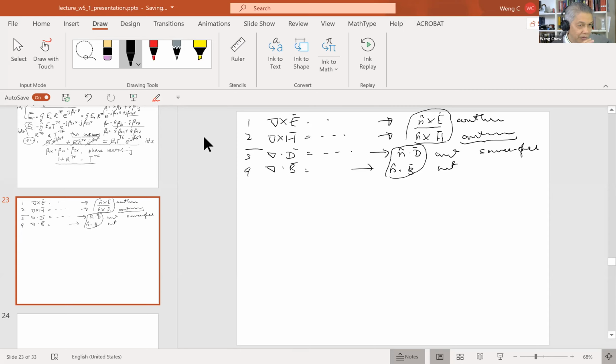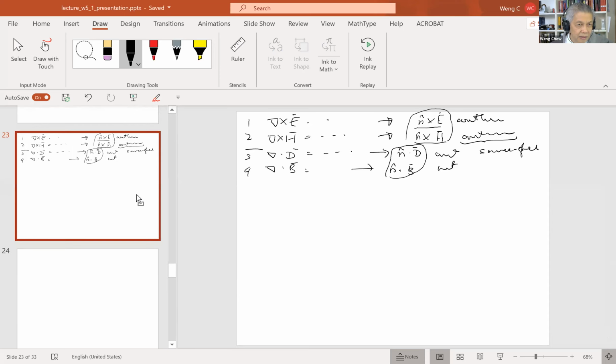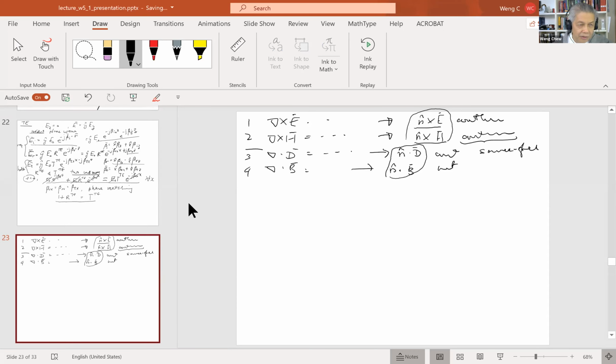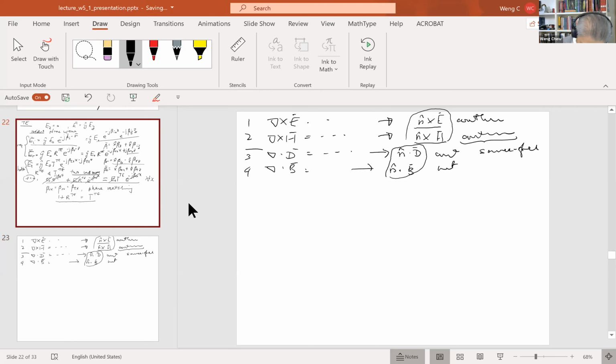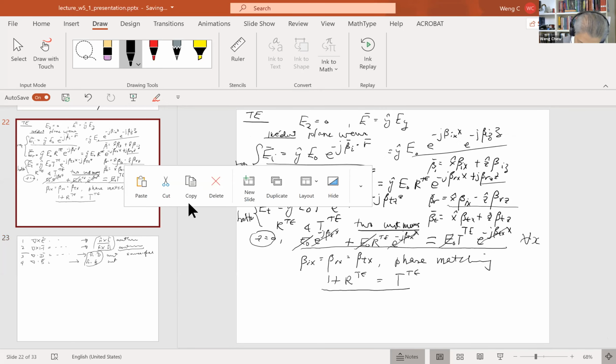I'm going to remain within this problem, okay, of the single interface reflection problem, and ask myself, I have two unknowns to solve for here. The two unknowns are R_TE and T_TE.